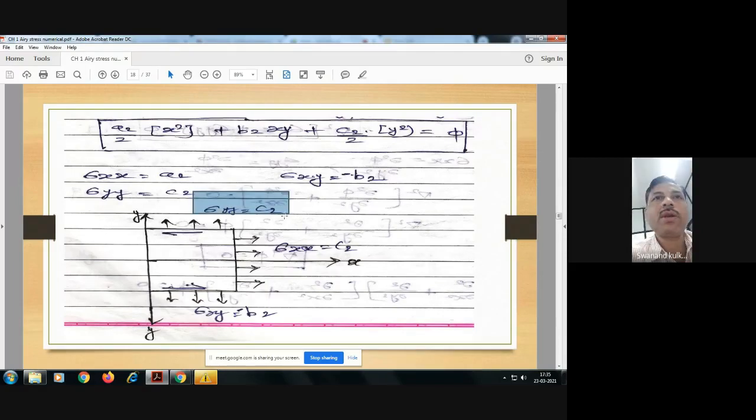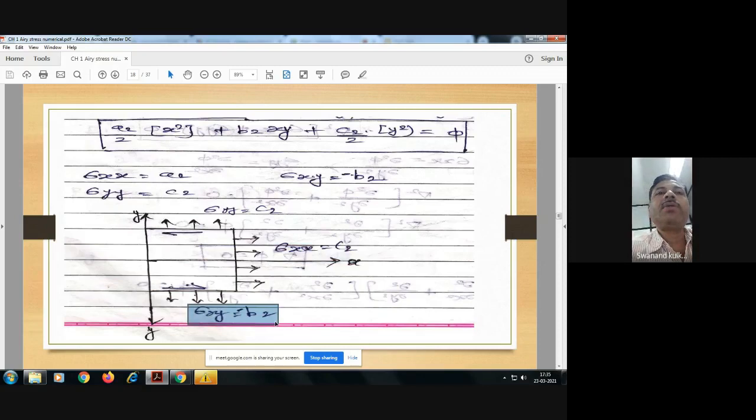So constant values we are getting for the stress in x direction and stress in y direction. In both the directions, the value of stresses will be constant here. So let us try to understand the concept. Sigma yy is equal to a2, and sigma xx is equal to c2. So sigma xx will become equal to c2 here. Is it okay?